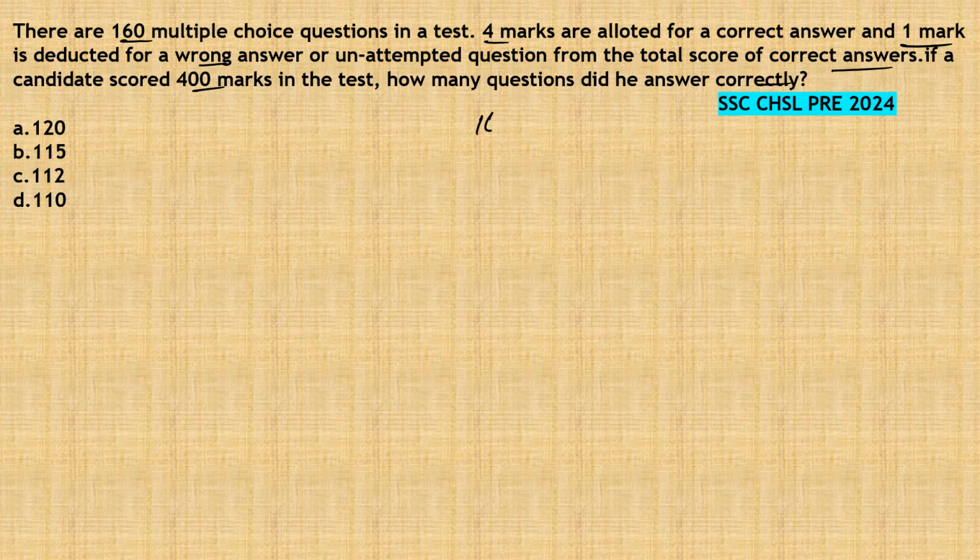Total questions are 160. Let X be the right answers he attempted and Y be the wrong answers. If he had answered all 160 questions correctly, he would have got 160 into 4, that is 640 marks. He did not answer all questions correctly, so he got 400 marks.